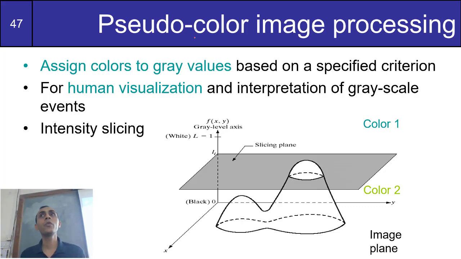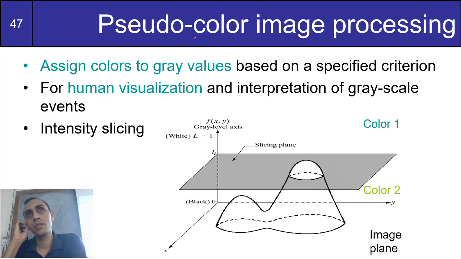The motivation we showed in the beginning slide: when we introduce colors, the number of shades is more than the number of intensity levels, and human vision can discern more details in a color image than in a black and white image. So generating a pseudo color image is helpful for visualization purposes.